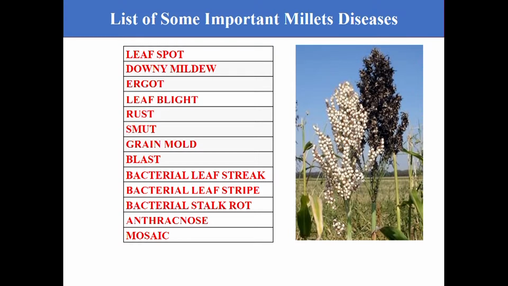Dear learners, we will study about the ergot or sugary disease of Bajra. As you know, pearl millet or Bajra is grown widely in African as well as Asian countries.